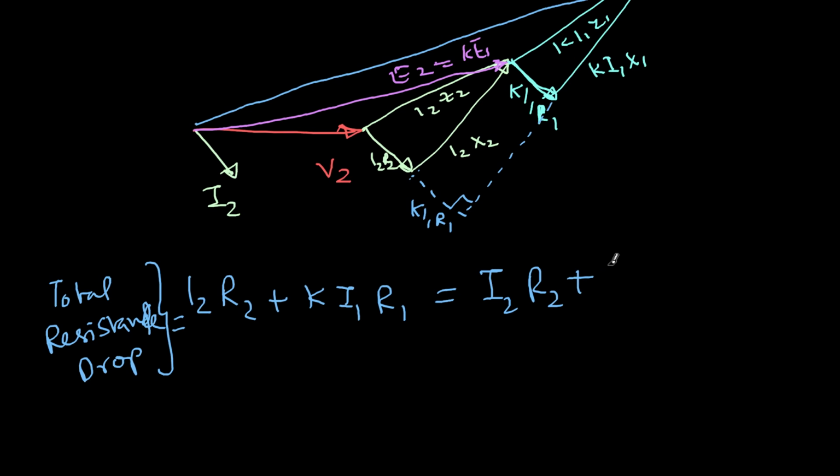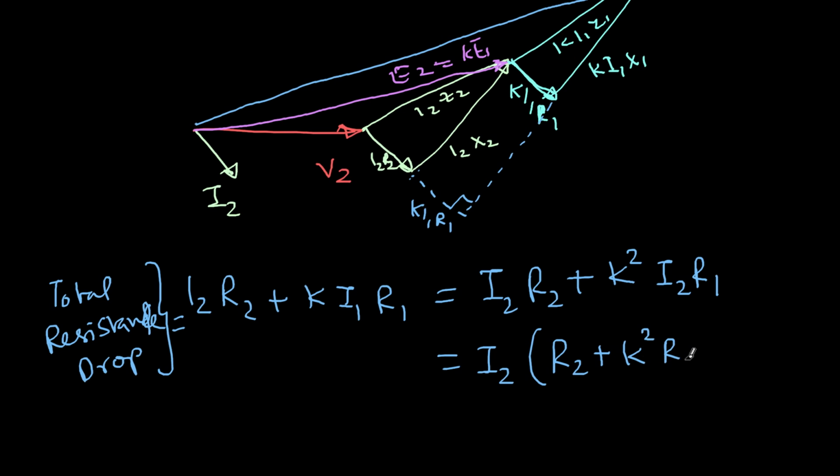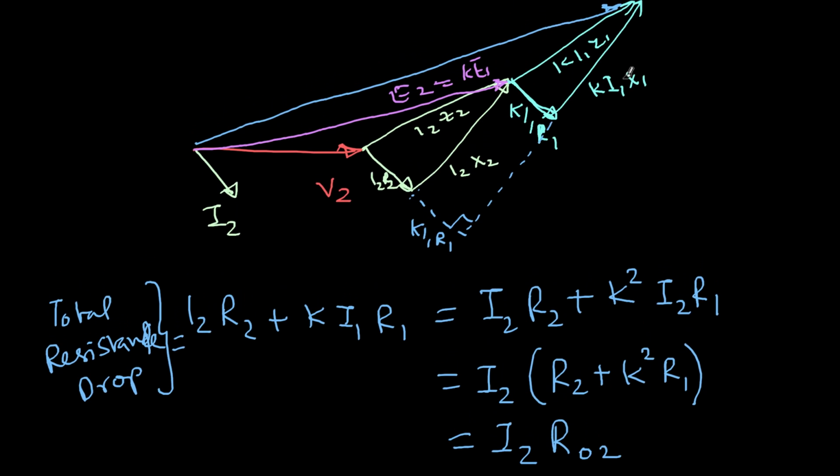So I'll get K square into I2 into R1. Here if I take I2 common, R2 plus K square into R1. And if this looks familiar, this is nothing but I2 into R02. So if I refer all the resistance to the secondary side, then this quantity itself I can define as the voltage drop.